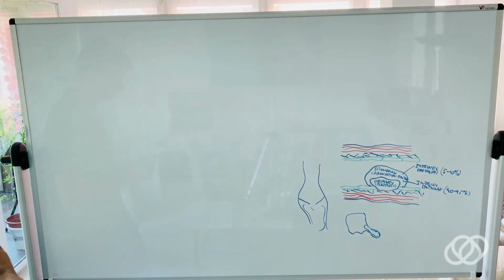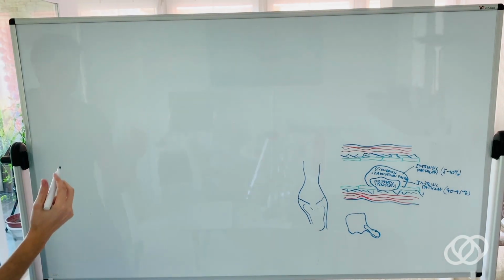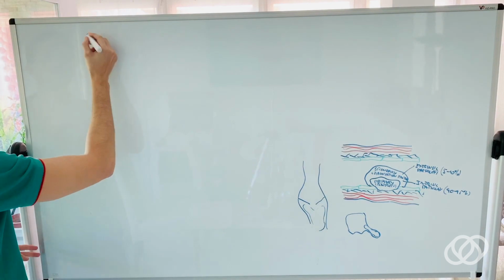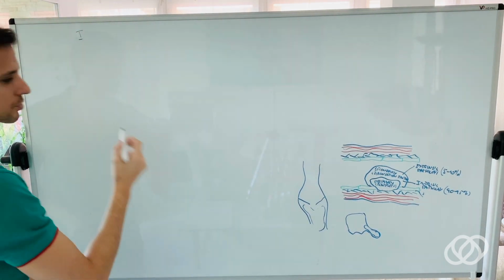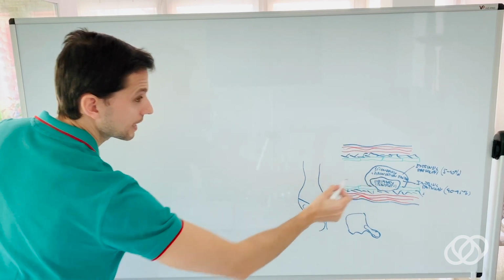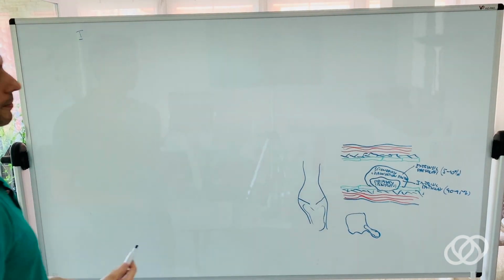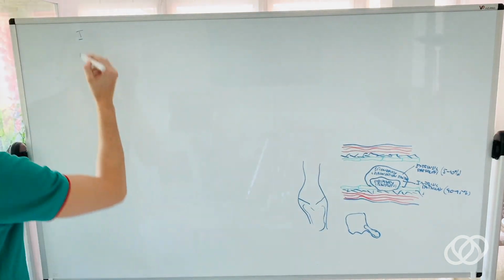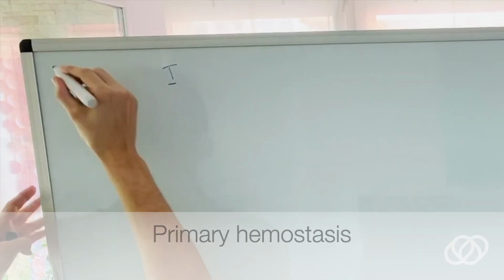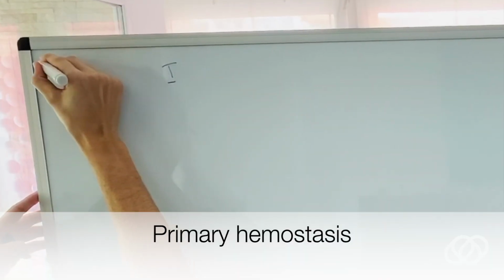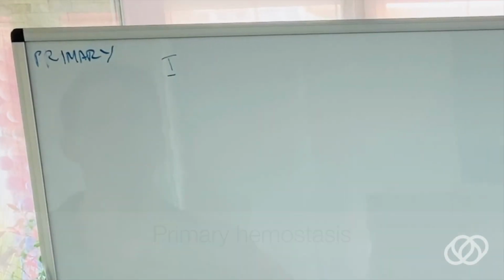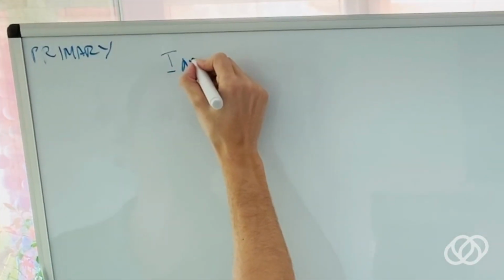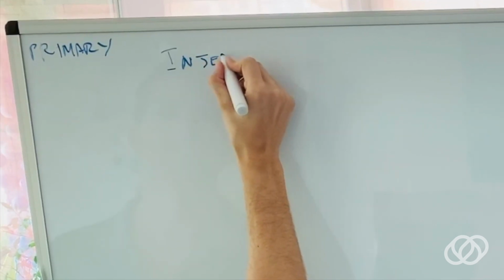Okay, so first of all, as we have said, we have an injury. We are going to begin with the primary hemostasia, the formation of this weak platelet clot. I'm going to put in here primary. So everything begins with an injury.